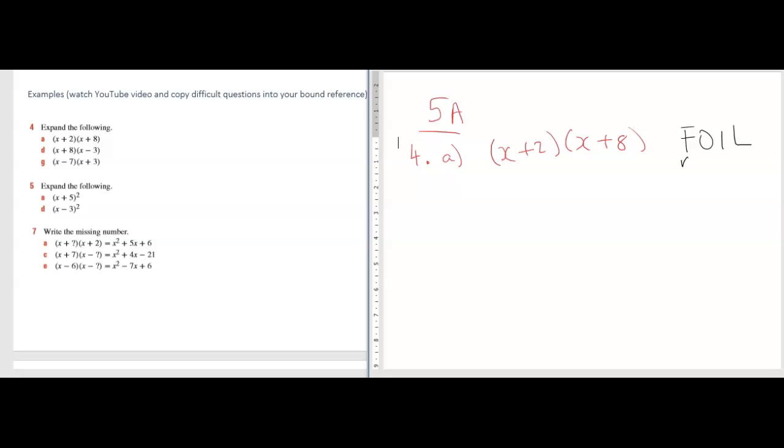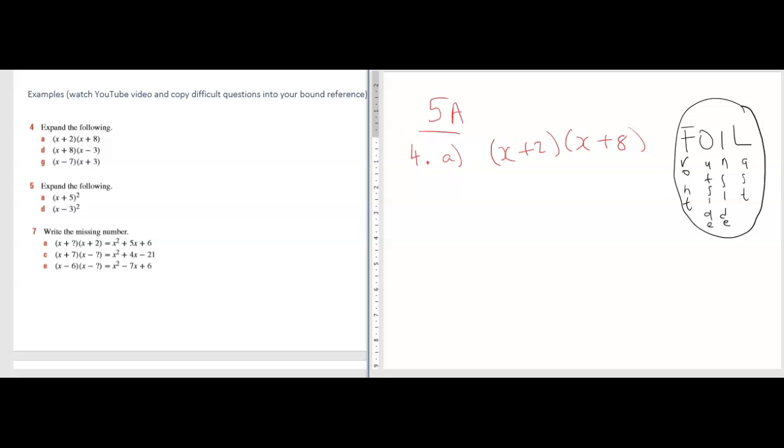So that just means front, outside, inside, and then last. As soon as you get to do heaps of these, you don't really need to remember this.